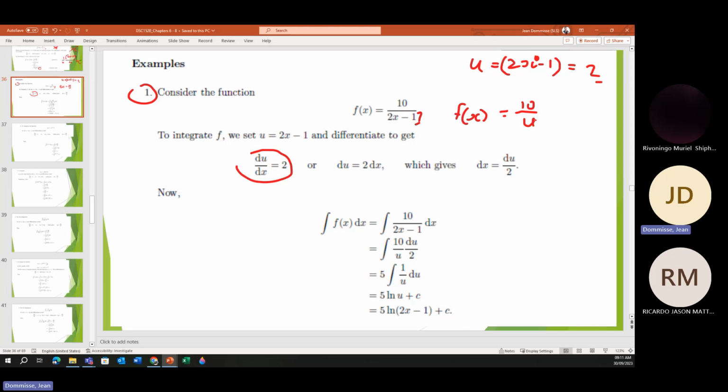When we look at this component, 10 over, so what I would have done with this is a bit different. I don't like to work with a fraction. Sorry, I'm stumbling over my words this morning. I wouldn't have wanted to work with a fraction, but if you see what they did, they were happy to work with a fraction.